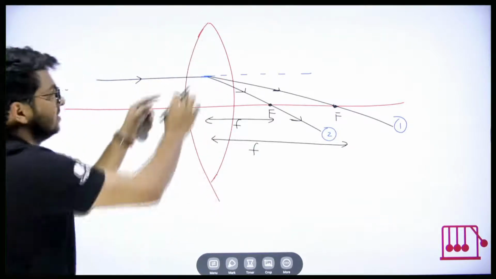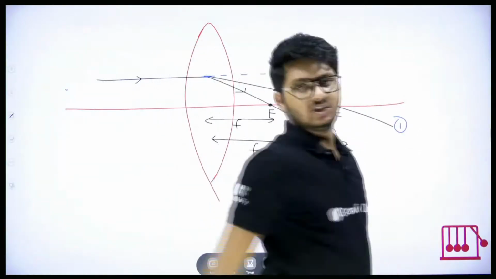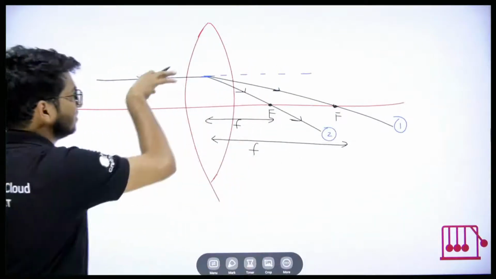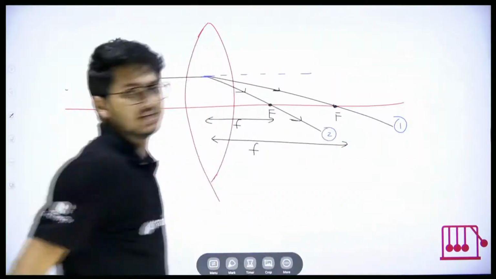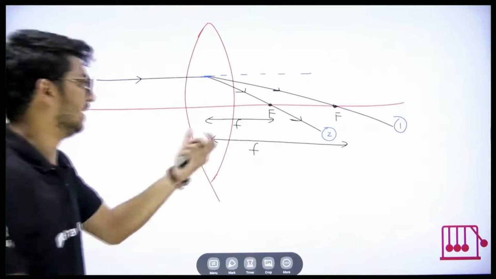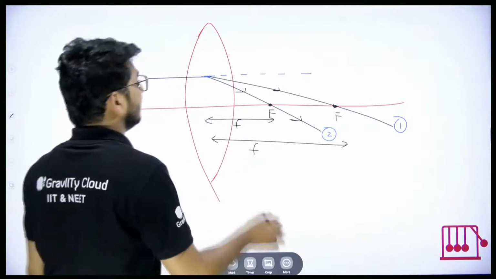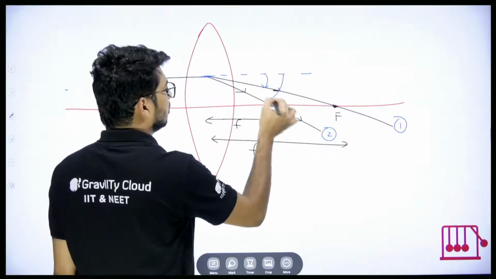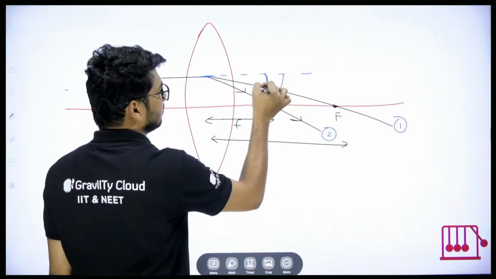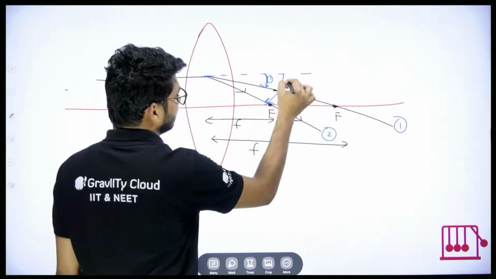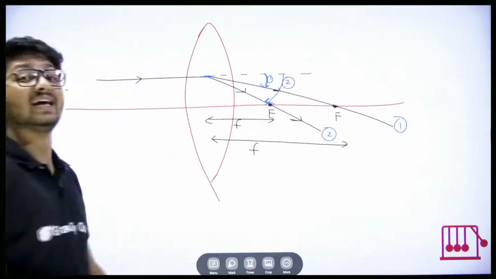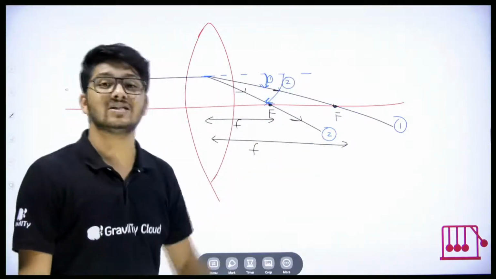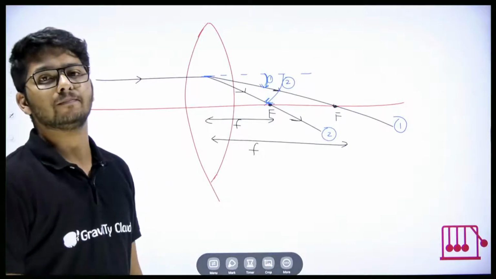If there was no lens here, the ray would have been going straight. But there is a lens, so there is bending. Now see which ray is bending more. This is for ray 1 and this is for ray 2. Which ray is bending more? Ray 2 is bending more.